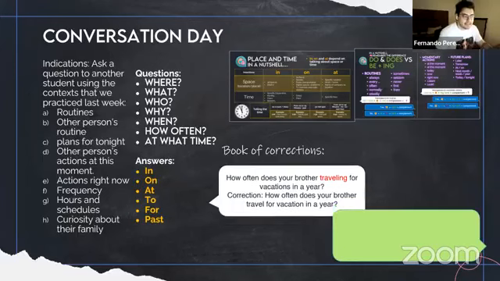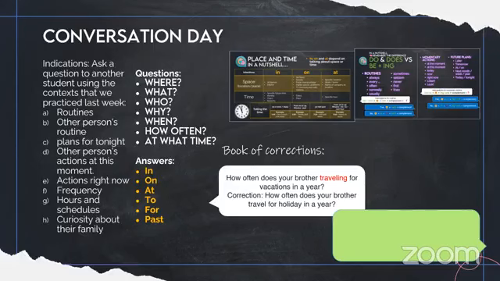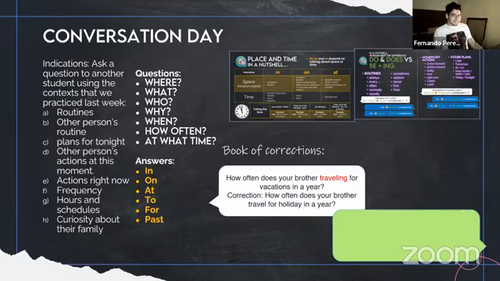In English, the word vacation is not common. Let's eliminate the word vacation and let's use the word holiday. That's more common in English. I mean, vacation exists, but let's substitute this vocabulary.